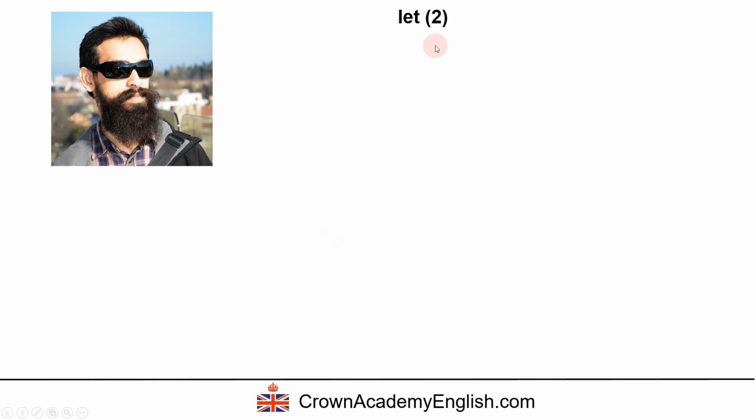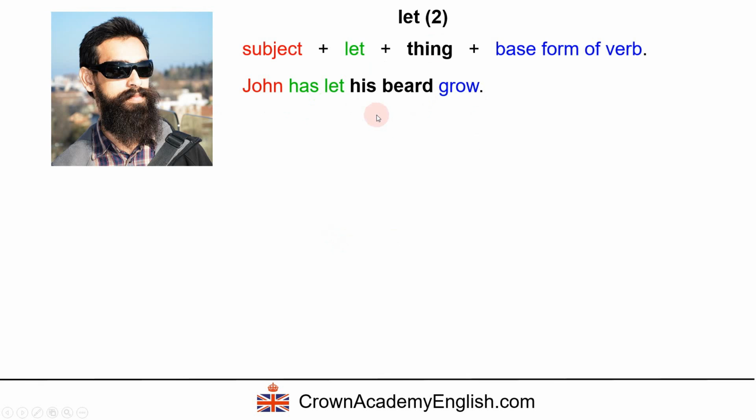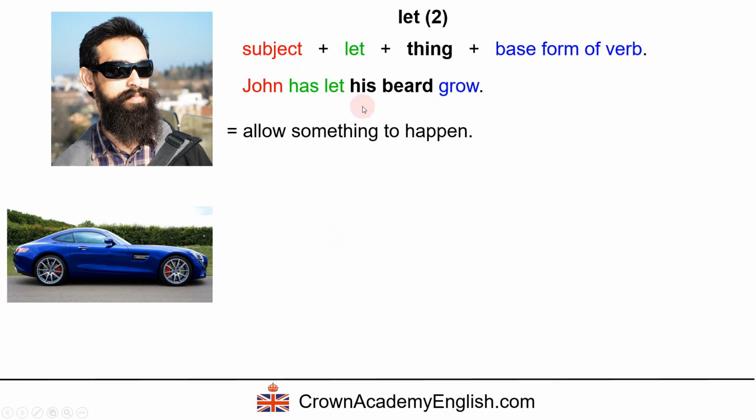And finally, John has let his beard grow. The form is subject, let, and then a thing. Okay, not a person, this time it's a thing, and the base form of the verb. And this means to allow something to happen. So this means that John has allowed his beard to grow.